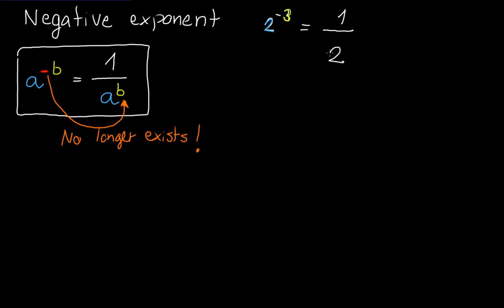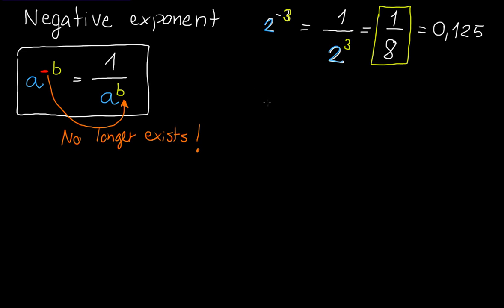So this is our blue number, this is 2, and then we put b, which is a 3. Again, notice that the minus sign is not there. And equals 1 divided by 8. 2 to the power of 3 is 8. Honestly, this is already a correct answer. If we really want to put it in a decimal format, it is possible, but fractions are far more useful and simple to work with.